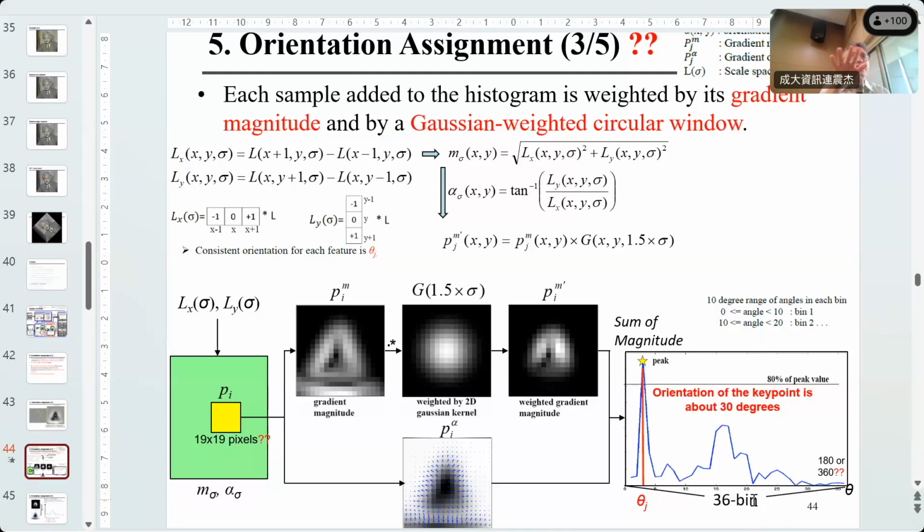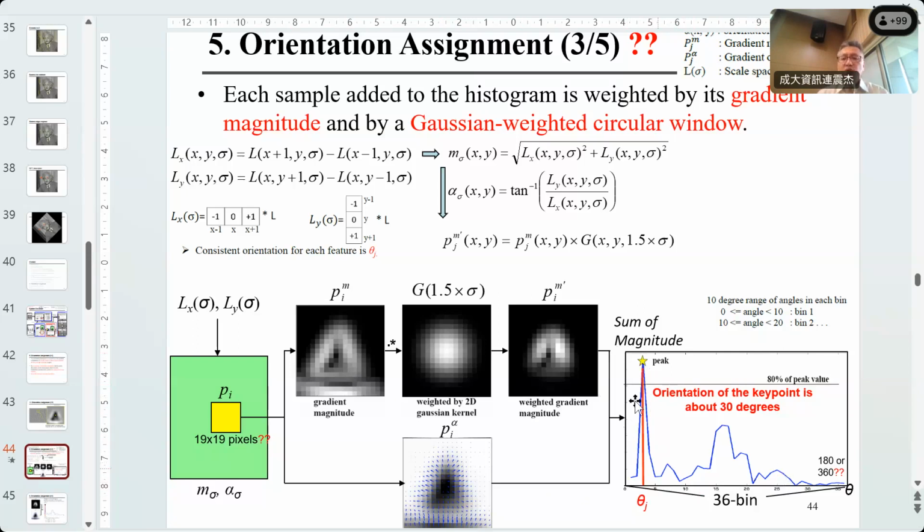From degree 0 to degree 4 will be 1 bin. If any pixel's rotation angle is between 0 and 4, we accumulate its magnitude. For each 5-degree bin, we add together all the magnitudes within the 19 by 19 patch whose angles fall in that bin, giving the magnitude sum. This forms a histogram.